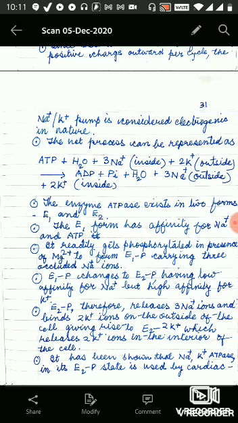E2P therefore releases 3 sodium ions and binds 2 potassium ions on the outside of the cell, giving rise to E2K+, which releases 2 K+ ions in the interior of the cell. It has been shown that sodium potassium ATPase in its E2P state is used by cardiac muscles.